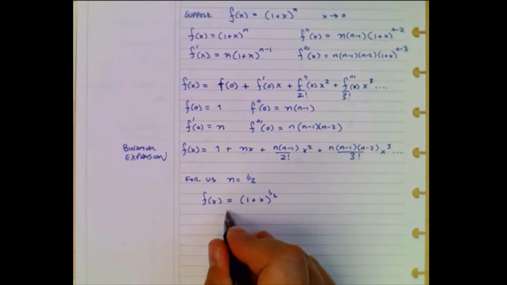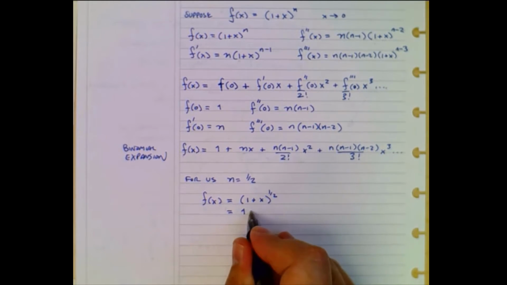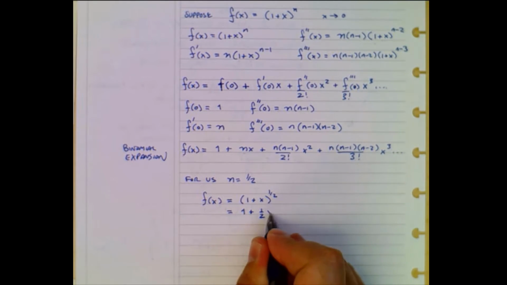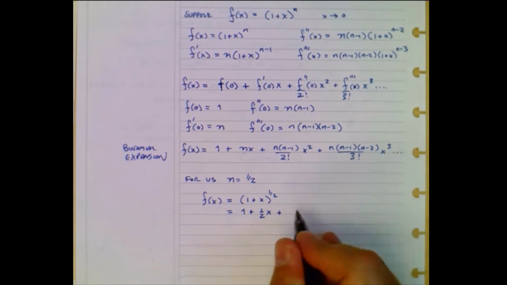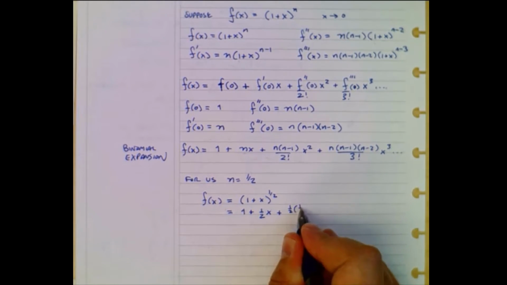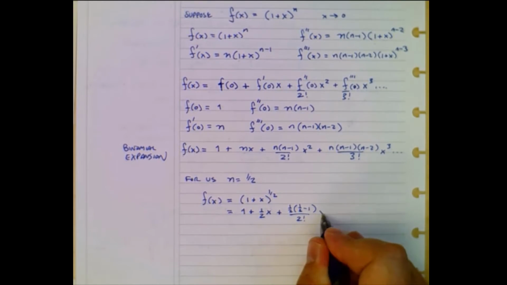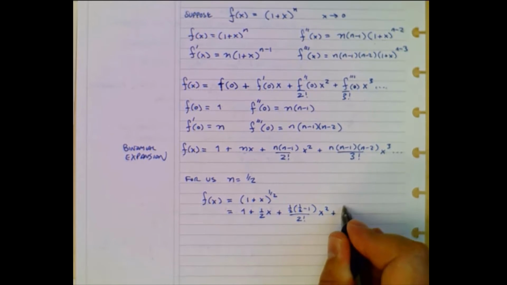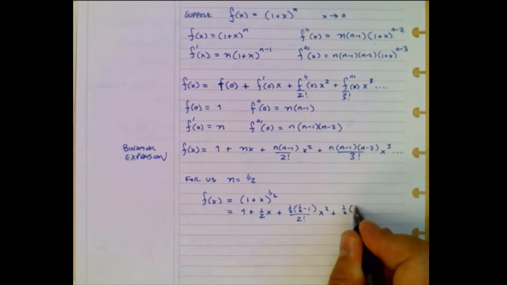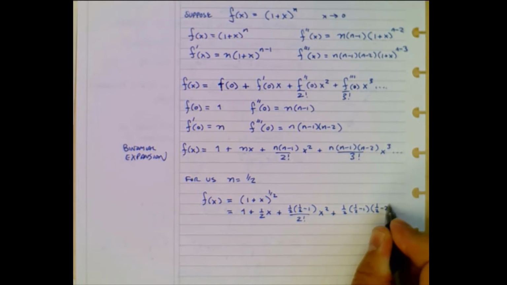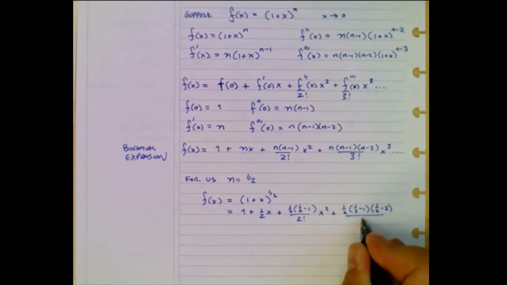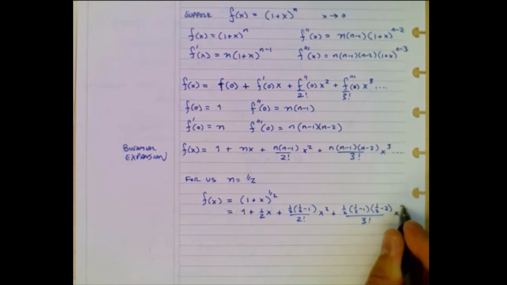We will write this as 1 plus 1/2 times x plus 1/2 times 1/2 minus 1 over 2 factorial times x squared plus 1/2 times 1/2 minus 1 times 1/2 minus 2 over 3 factorial times x cubed, and so forth.